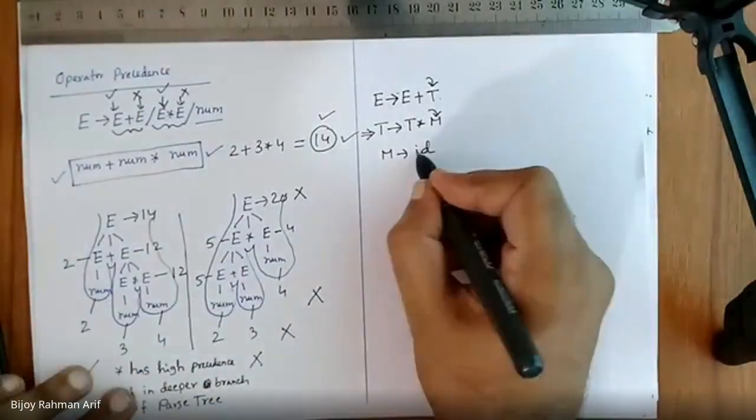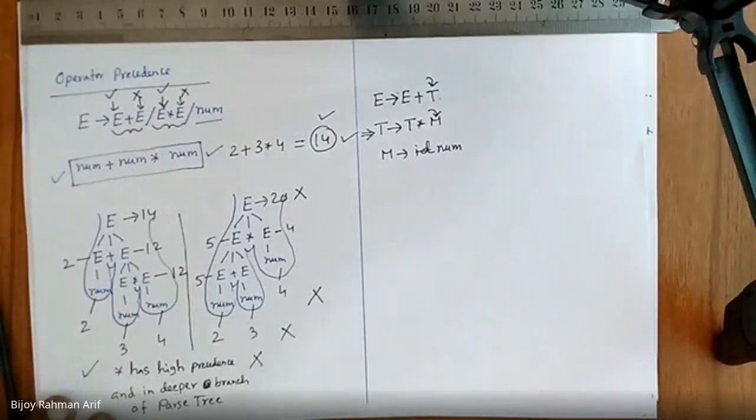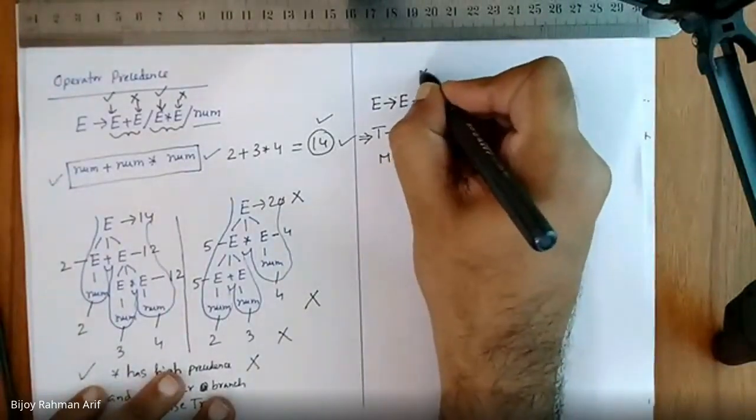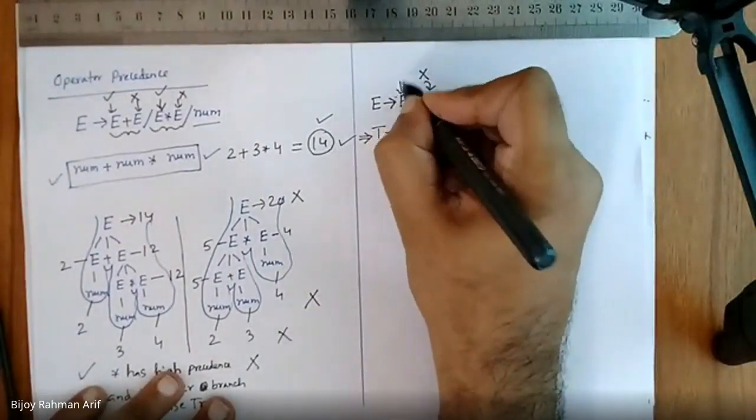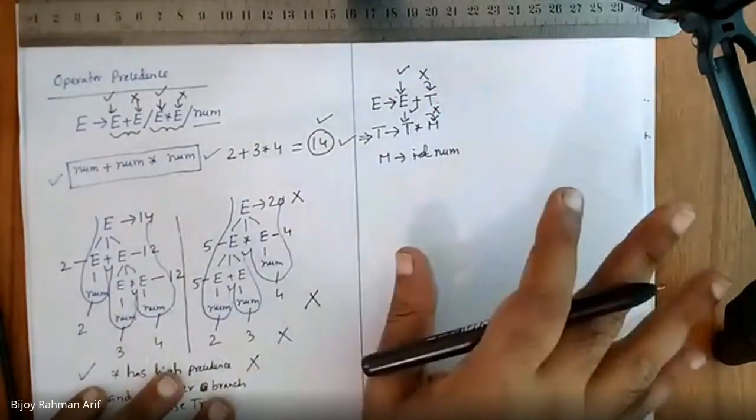No sir, no question. Did you write this grammar for the string num plus num star num? Okay, let's put num here. So here there is no right recursion, only left recursion. The associativity problem is done.